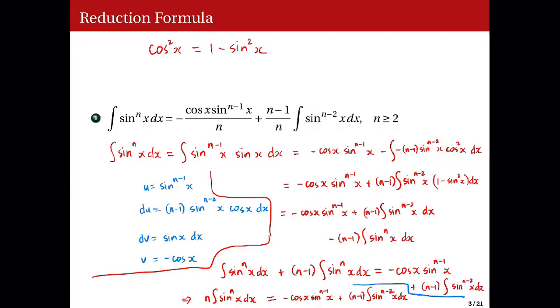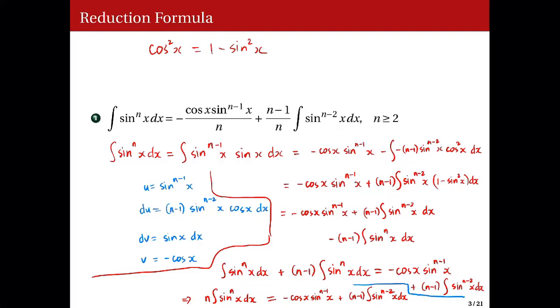Question? So reduction formula, at least for this function, you can just use your integration by parts. Okay? Now, of course, you will continue doing this if your n is large.